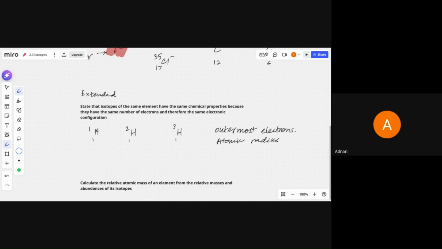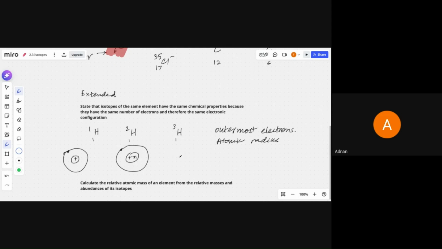The electronic structure for this hydrogen 1 will be one proton, and one electron revolving around the nucleus. The second one has one proton and one neutron, and one electron revolving around the nucleus.